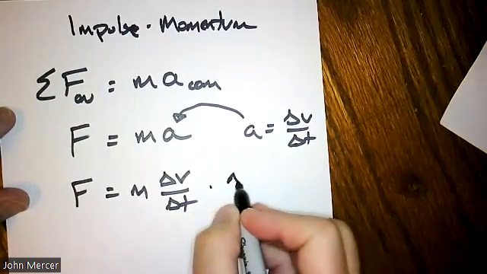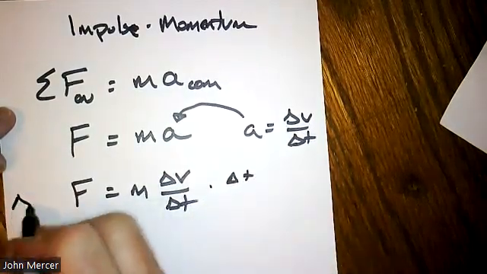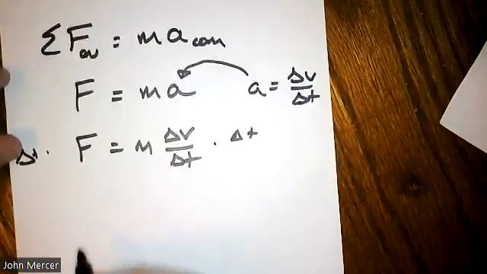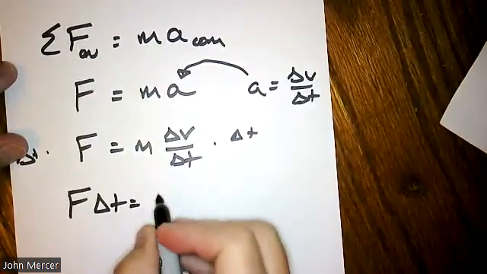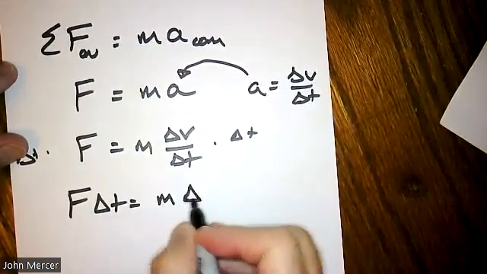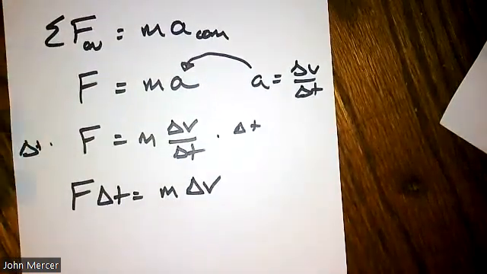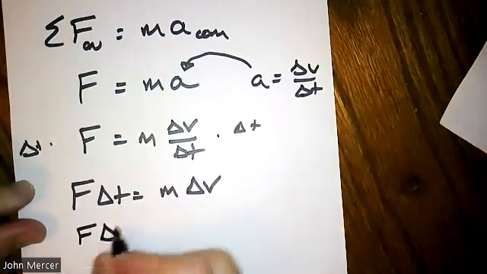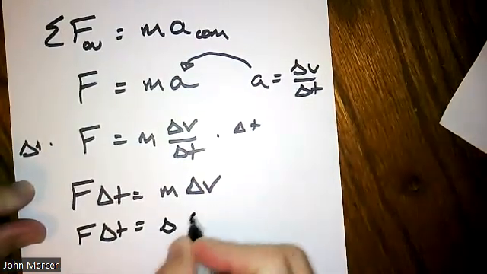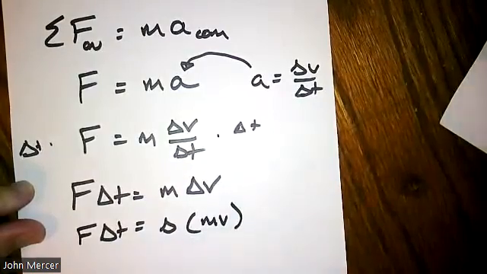I'm going to get this new equation, F delta t equals m delta v. And as long as the mass of the object stays constant, I'm going to rewrite this as F delta t equals delta mv.